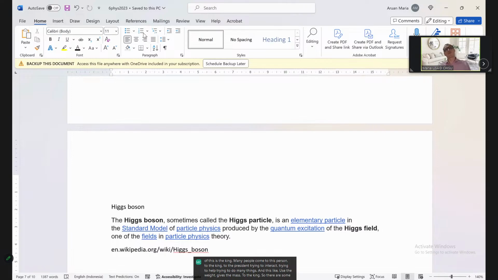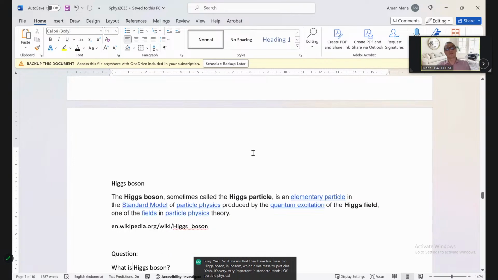There are some people who are not that important, so fewer people are attracted to them than to the president or king. So it means that they have less mass. So the Higgs boson is a boson which gives mass to particles. It's very, very important in the standard model of particle physics.